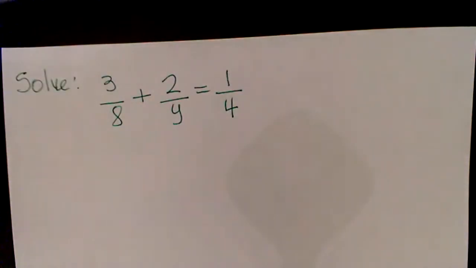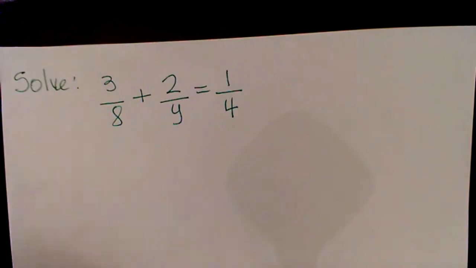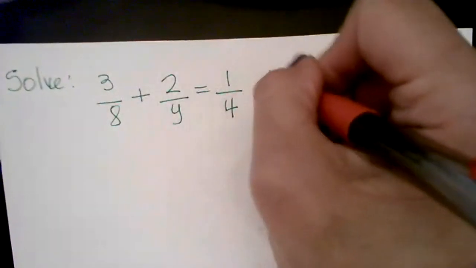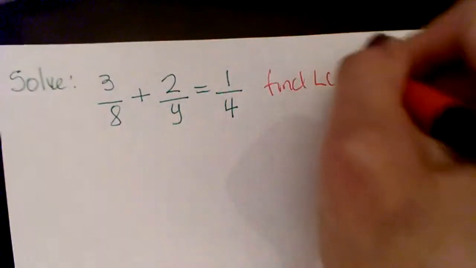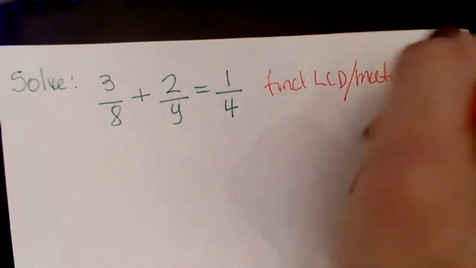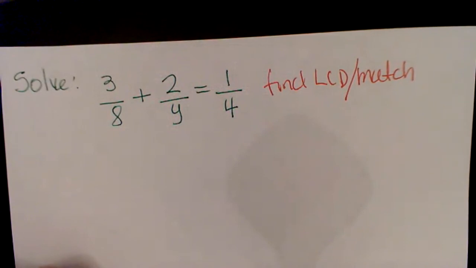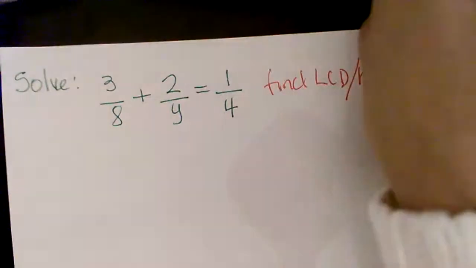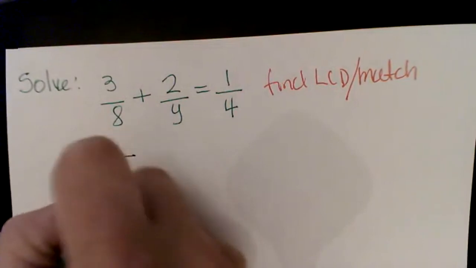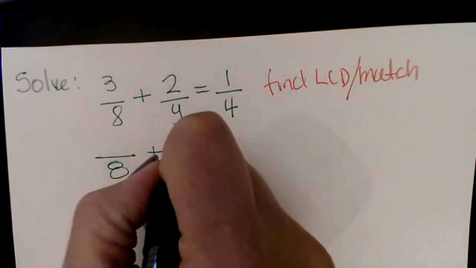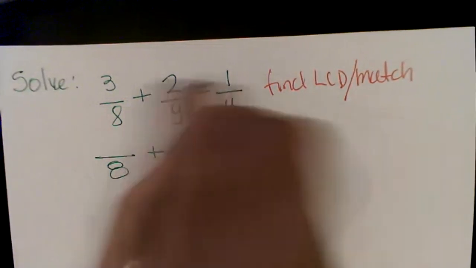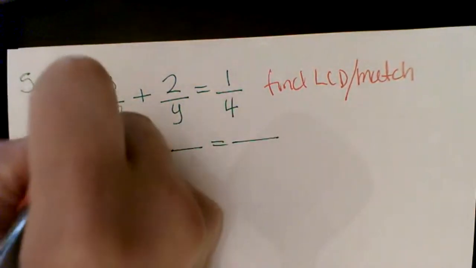All right, so we know we need to find the lowest common denominator, right? LCD, or what we call match. So it's gonna have to be 8y, isn't it? So we need to multiply this one.